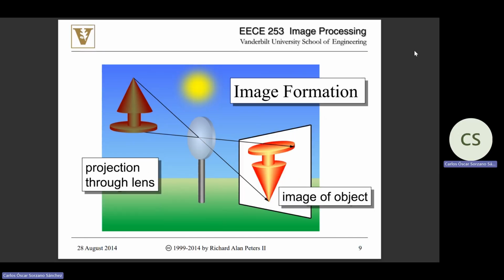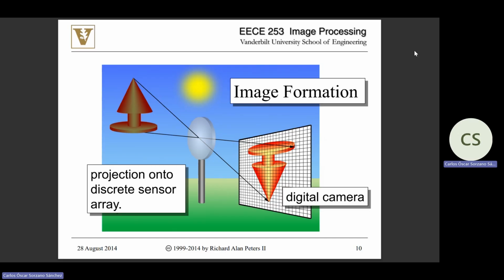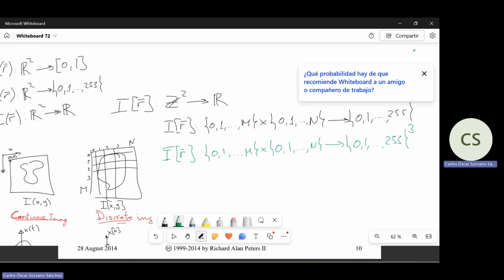Then this is a continuous image, but in the computer you cannot store continuous values, so infinitely many digits for a pixel value. So you have to discretize it, and you have to discretize it in two ways. One way is space. So you have to discretize space, and this space discretization is the same as the one we did here.